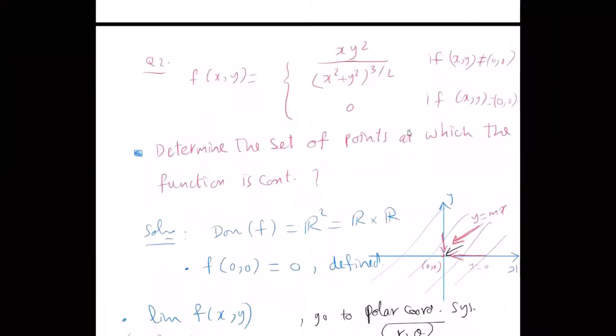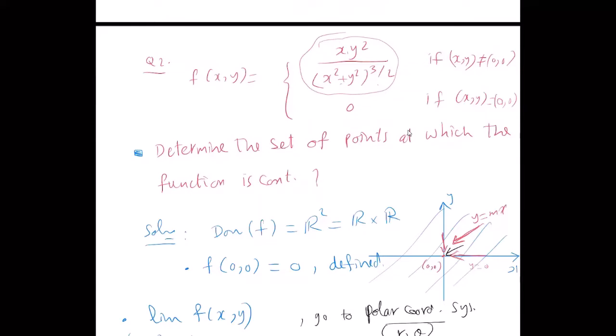And to verify this, we need to explain a little bit, because it is formed of the variables x and y, polynomial functions in the numerator, a polynomial function in the denominator, and square root and cubing, these powers and this division.